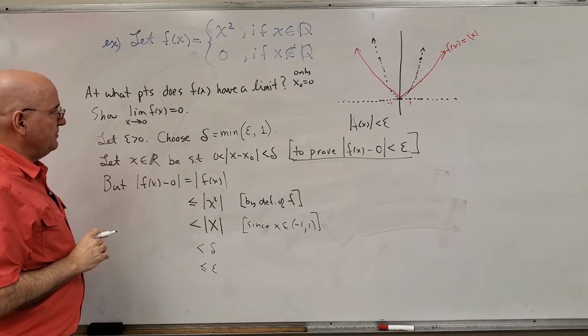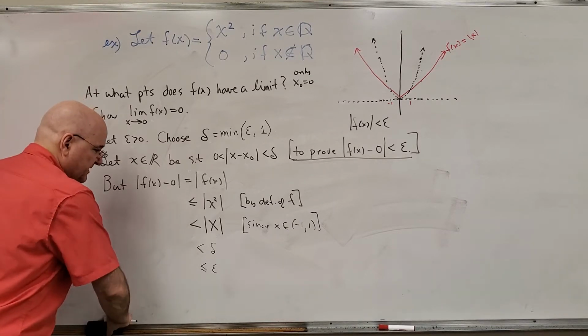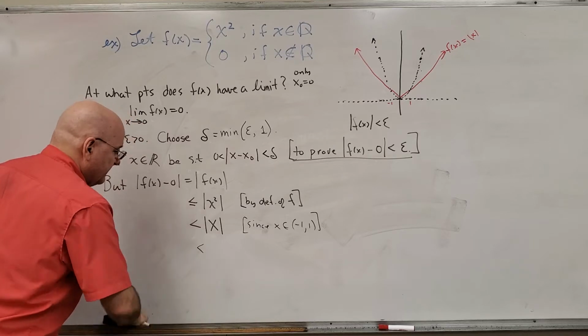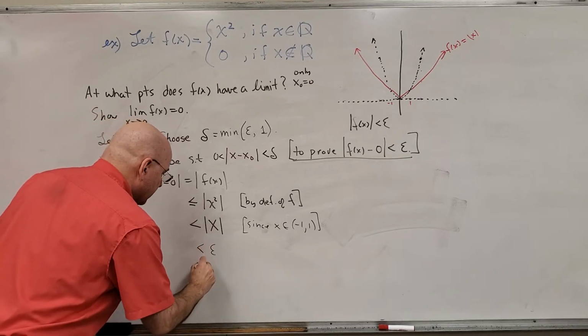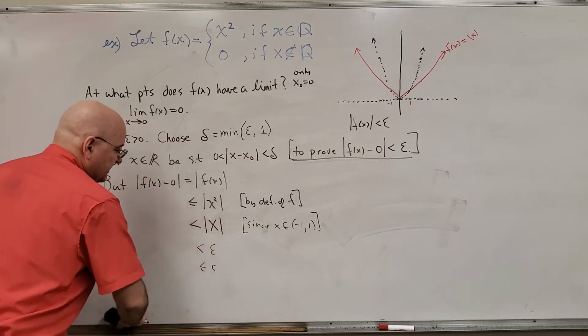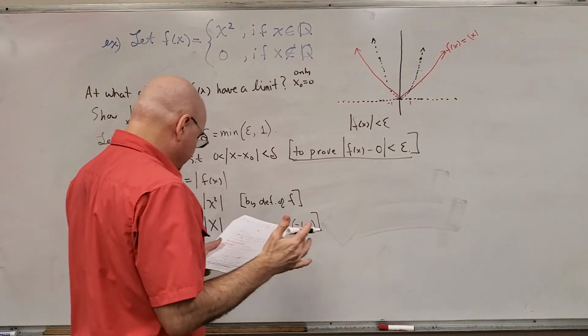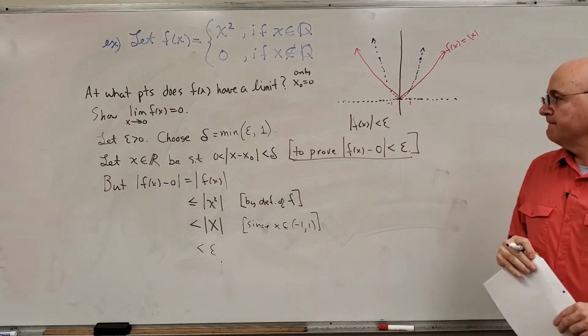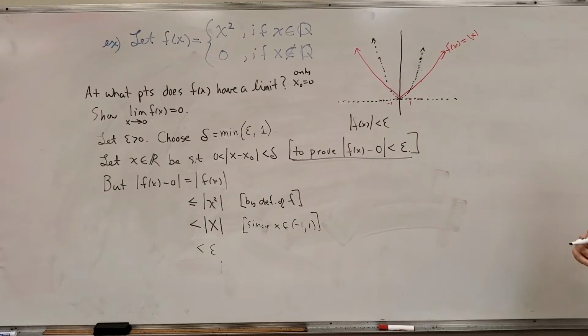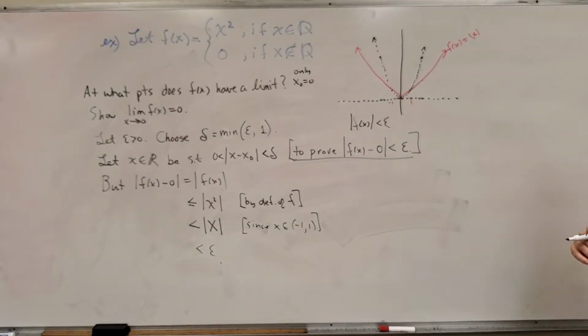So delta could be smaller. I should put that the other way around. That's less than epsilon, which is less than or, that's all I need. That's the end of the proof. Because it's strictly less than delta, then it's strictly less than epsilon. That's correct.